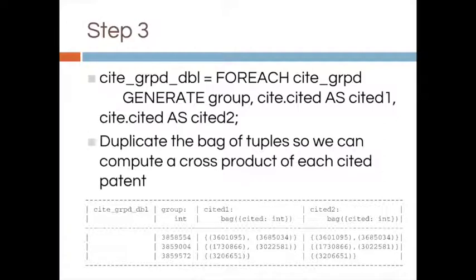We are calling it cite_group_double, and we are using foreach, which is essentially like a for loop inside of Pig. And what we will be doing is, for each entry in the previous table, cite_grouped, we will generate a new table where we have a group column, which is the previous table was grouped by the citing patent, and this one will just remain the same.